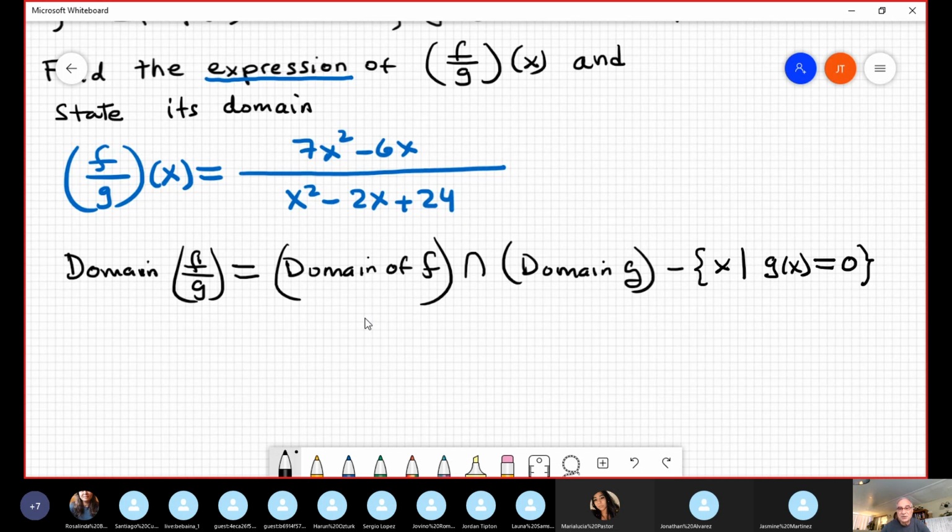This is the bad guy, always. When you plug in a real number and it gives 0, it is totally illegal division by 0.